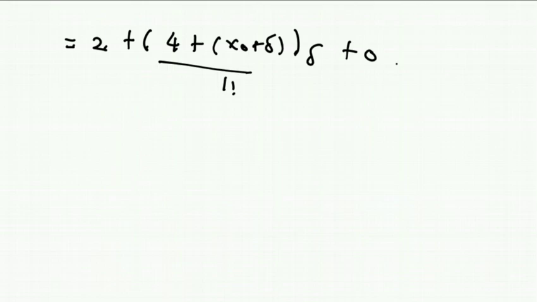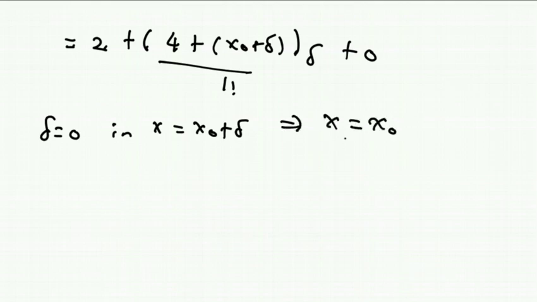Now, but in the Maclaurin case here, because delta is equivalent to 0 in x equals x naught plus delta, then it implies x equals x naught, because delta doesn't exist.